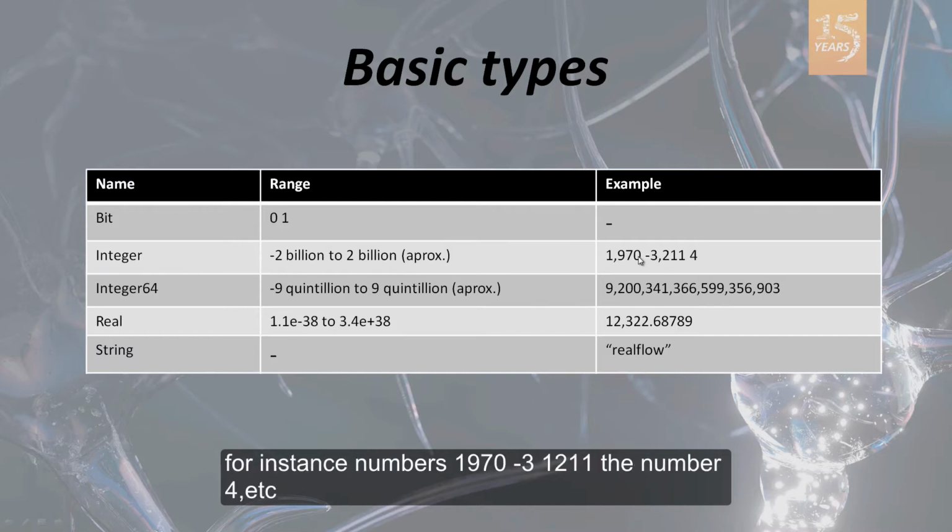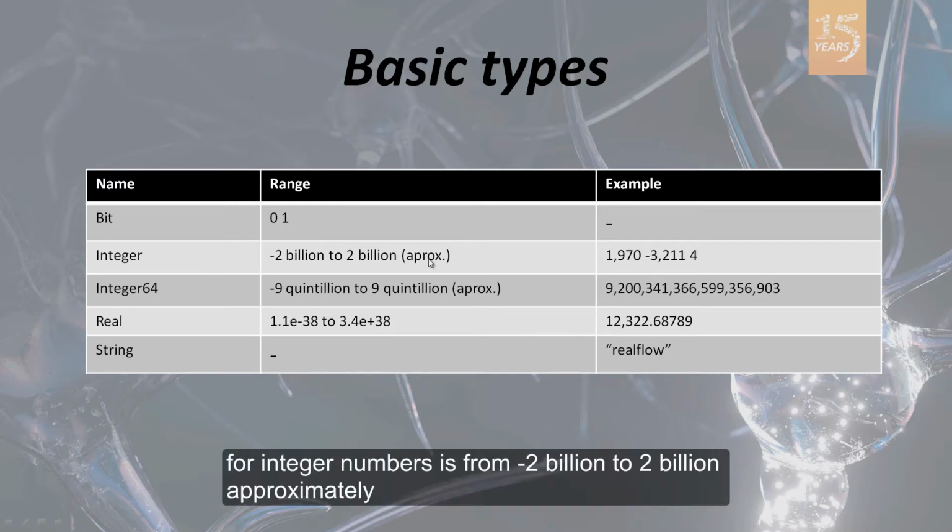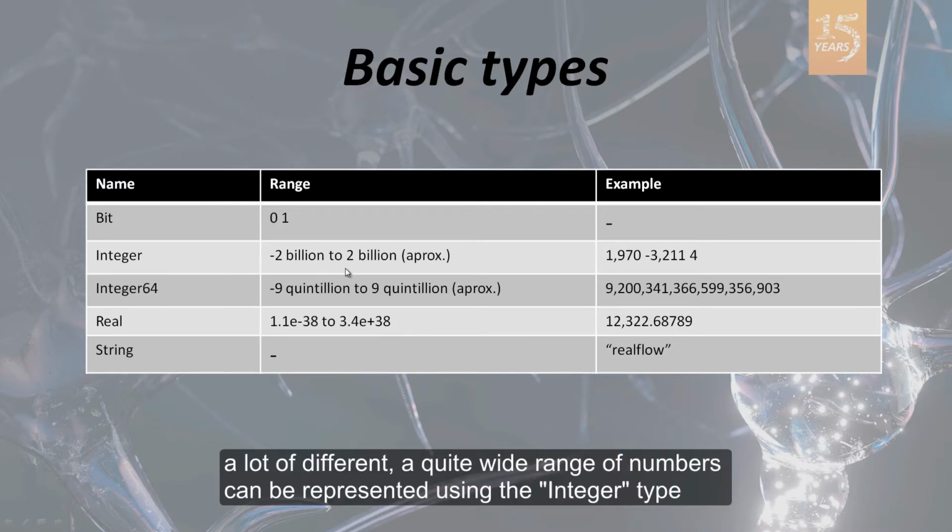For instance, numbers like 1970, minus 3211, the number 4, etc. As you can see here, the range for integer numbers is from minus 2 billion to 2 billion approximately. So a quite wide range of numbers can be represented using the integer type.